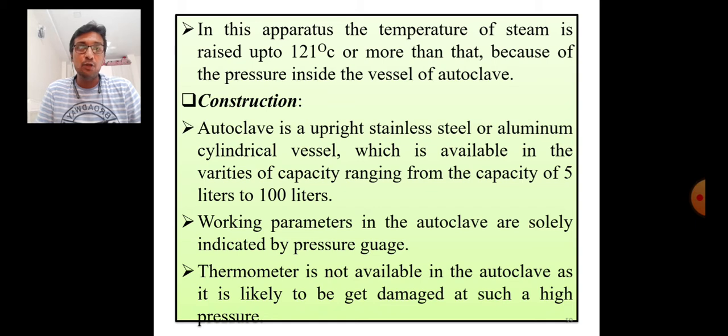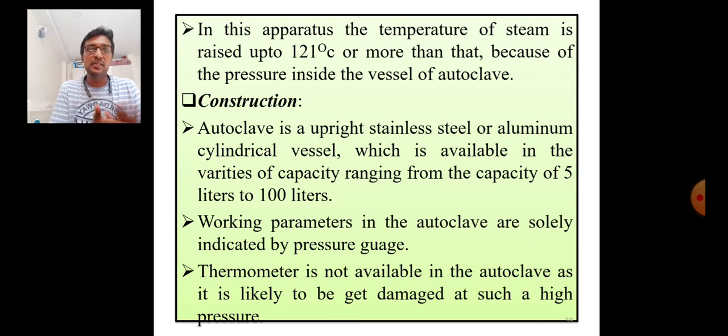Working parameters in the autoclave are solely indicated by the pressure gauge. Autoclave मधले जेवढेही वर्किंग पॅरामीटर आहे ते फक्त प्रेशर गॉजने आपल्याला समजतात. लक्षात घ्या, working parameters in the autoclave are solely indicated by the pressure gauge. ऑटोक्लेवच्या डिव्हाइसवरती मी तुम्हाला फिगरमध्ये दाखवलं एक प्रेशर गॉज आहे आणि त्या प्रेशर गॉजनेच आपल्याला ऑटोक्लेवचं वर्किंग पॅरामीटर लक्षात येतं आहे.